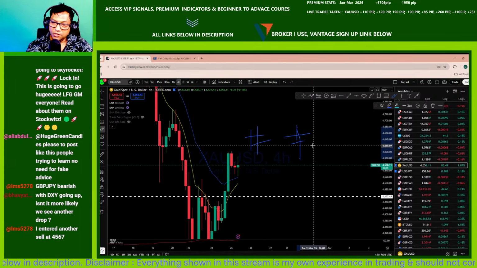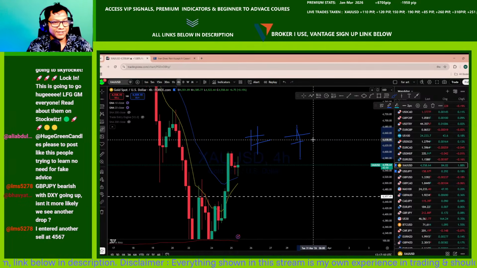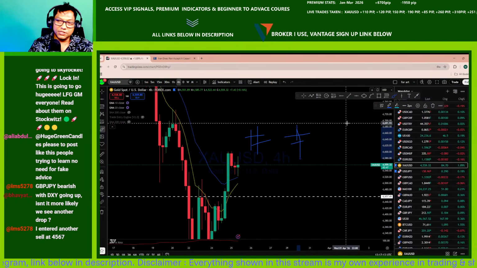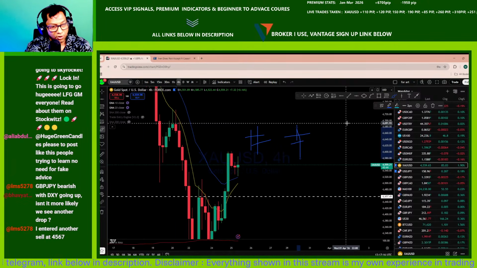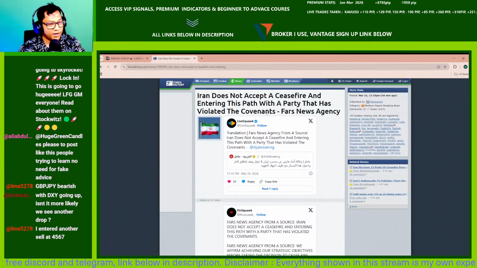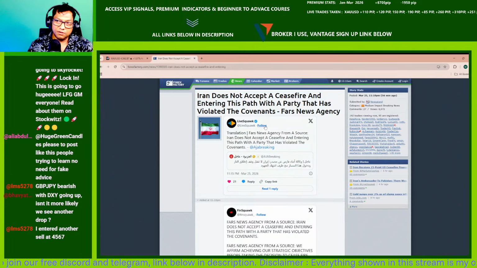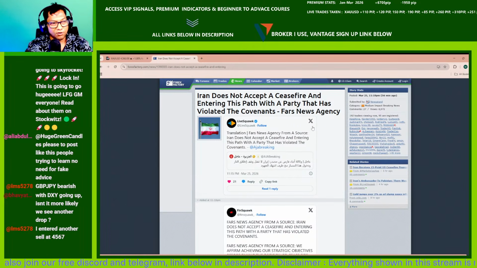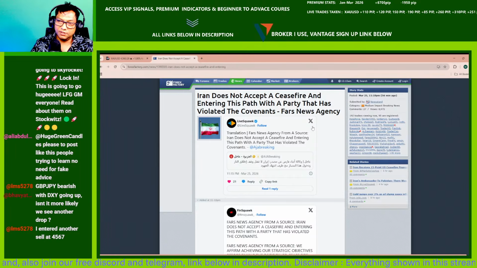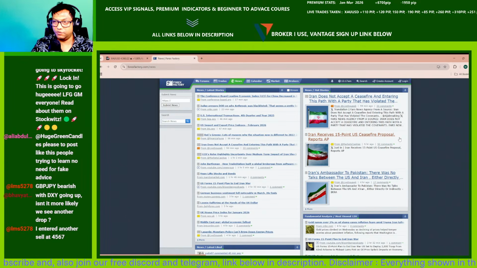So it doesn't make sense to me that a ceasefire is needed when there is a violation of the covenant, but if the condition of ceasefire is because they violated the covenant, then there is no ceasefire. It's my personal view.